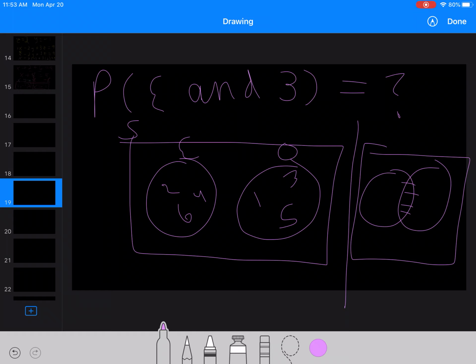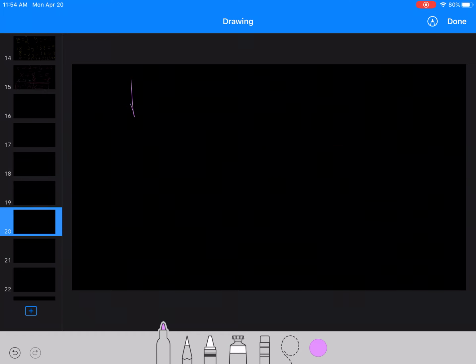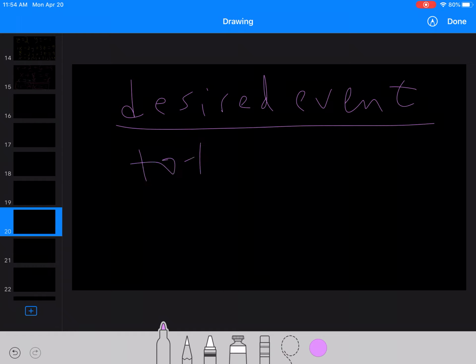So the question is, what's the probability of an even and it being 3? So what's the probability that you roll an even and a 3? There's no way to do this. The answer is 0, because it's my desired events over my total possibilities.